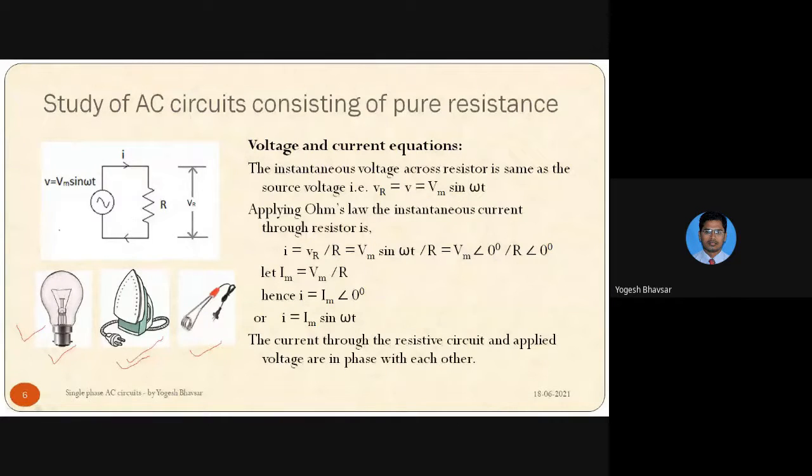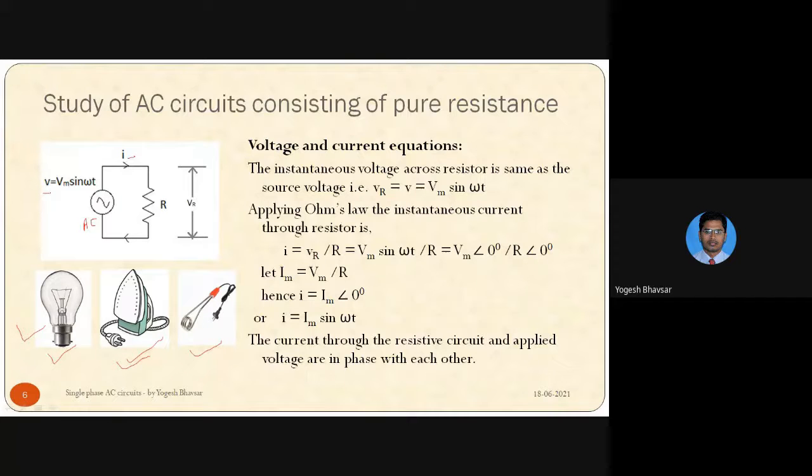Now, in terms of the circuit diagram, the purely resistive AC supply can be represented by this symbol, a circle, and inside that circle there is an alternating sinusoidal waveform symbol. Then the resistor is connected across this source, and current starts flowing, which is the instantaneous value of current i, and instantaneous value of voltage v.